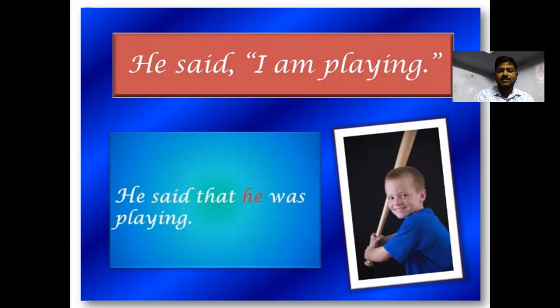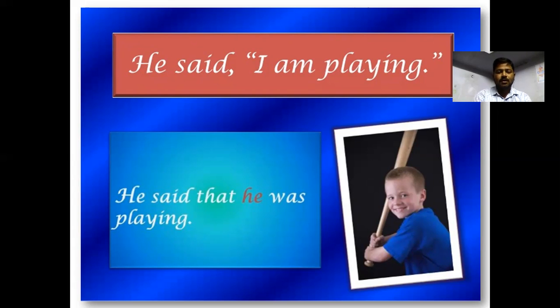And this message has to be carried away by the second person or first person to the third person, whatever it may be. He said that he was playing. Why we used he instead of I?